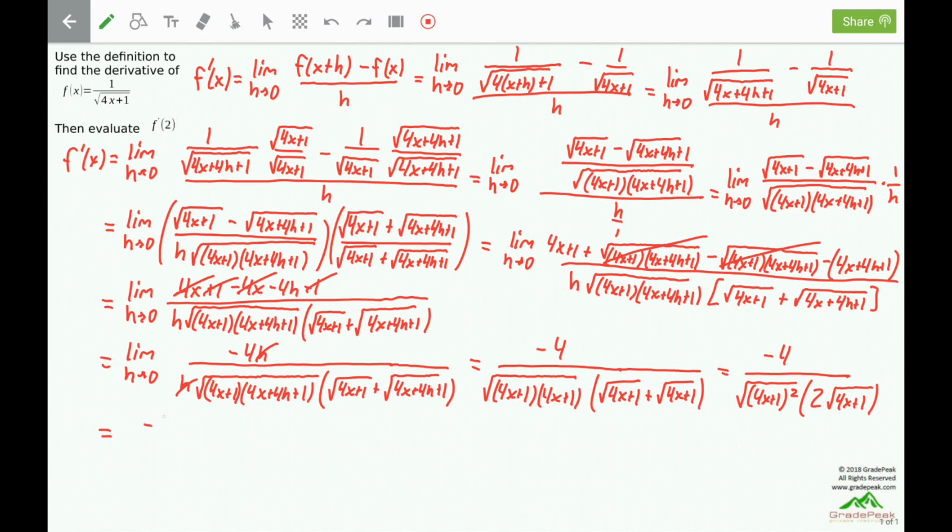And so we have negative 4 divided by, down the denominator, we can multiply everything together. We have 2, and then we can put those roots together, and since they both contain 4x plus 1, one is squared and one's to the first power, it becomes cubed.